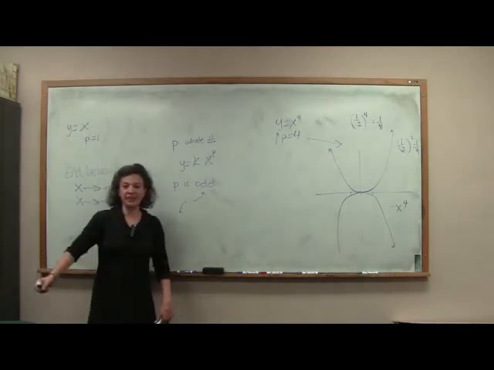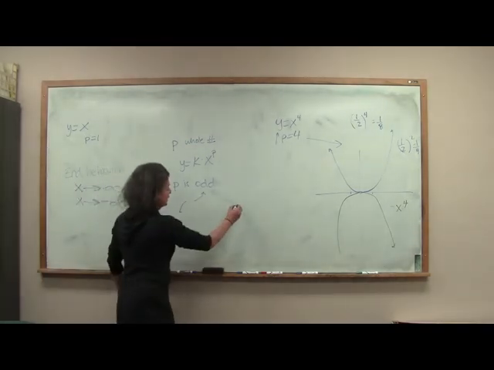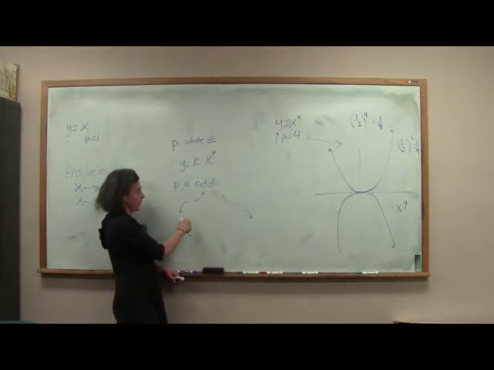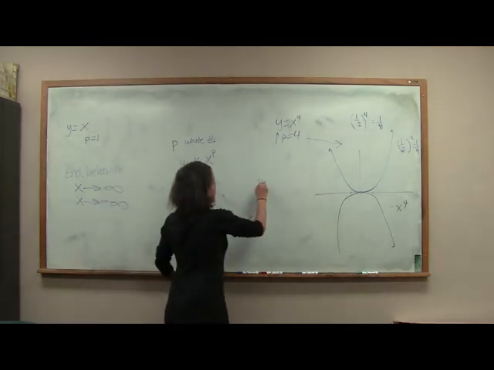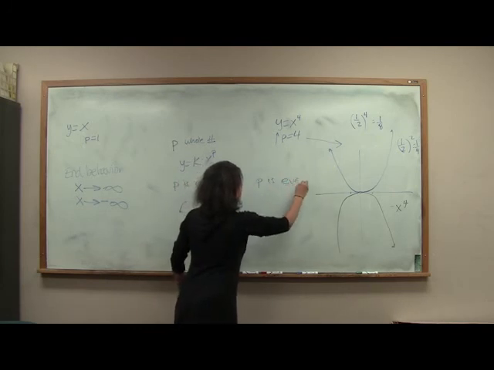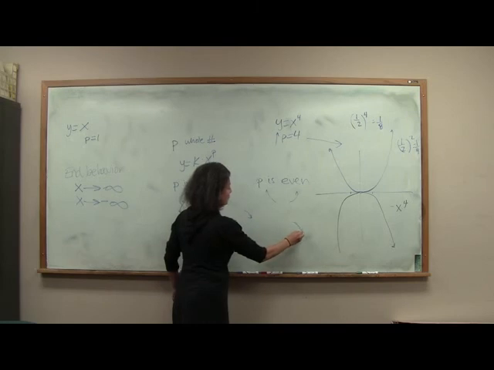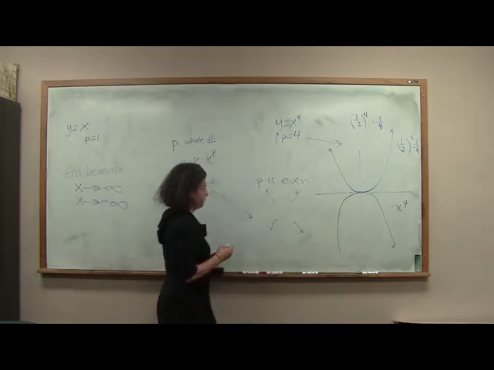Now remember, if there's the negative in front of it, all that does is say this arm is down and that arm is up. If p is even, then both arms are up or both arms are down.